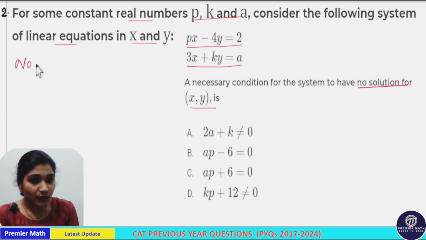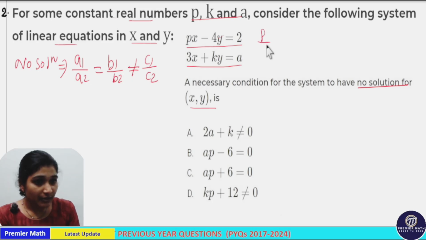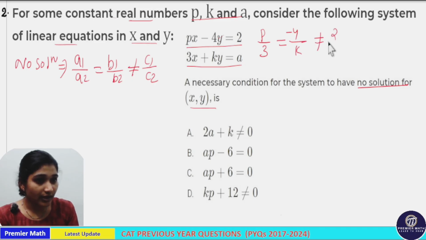Here, no solution means, in the form a x plus b y equal to c, a1 by a2 should be equal to b1 by b2, which should not be equal to c1 by c2. Here, p and 3 are a1 and a2, minus 4 and k are b1 and b2, and 2 and a are c1 and c2. Then, p by 3 should be equal to minus 4 by k, which should not be equal to 2 by a.